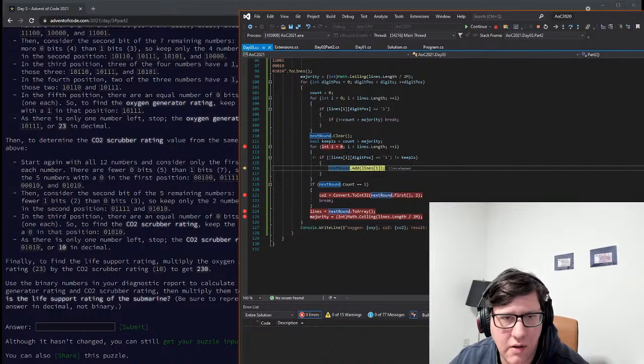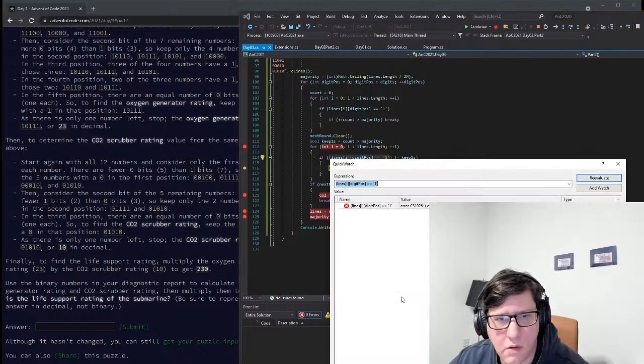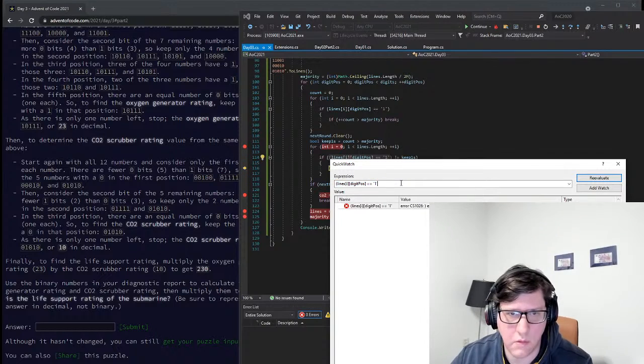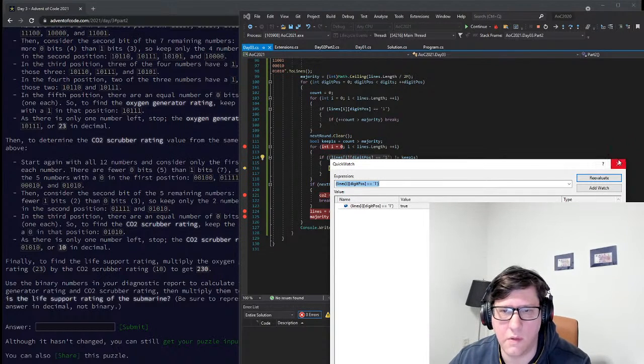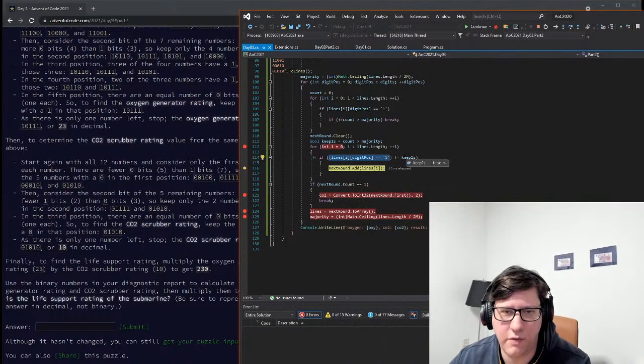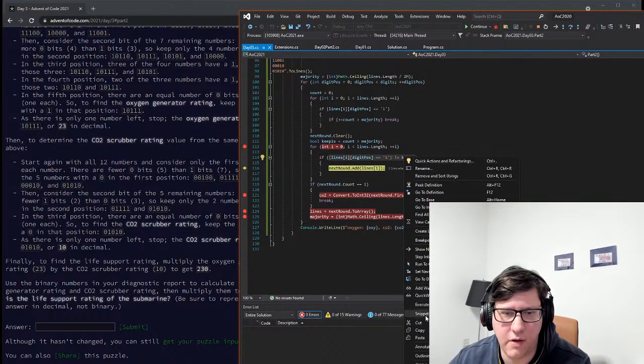Which is I, 0, okay. That's weird. Wait. This one should be true. Don't need that one. So this one is true, but keep ones is false. So if true does not equal false, why does this one hit? Am I crazy? This should be false, right?